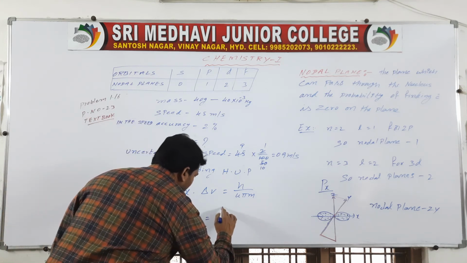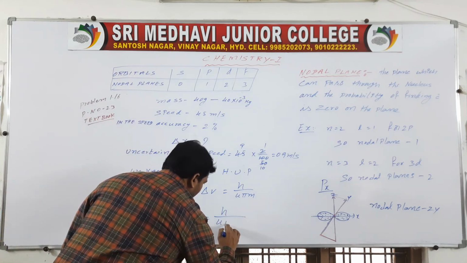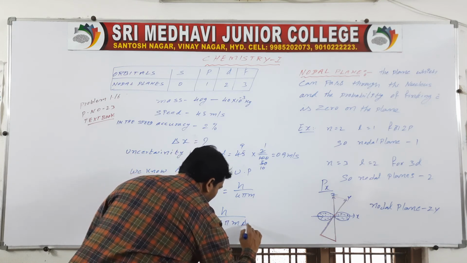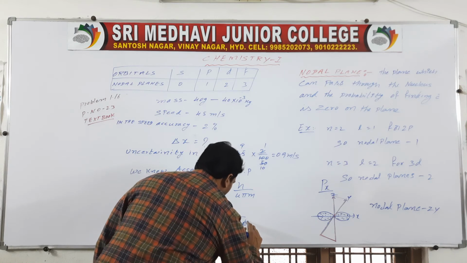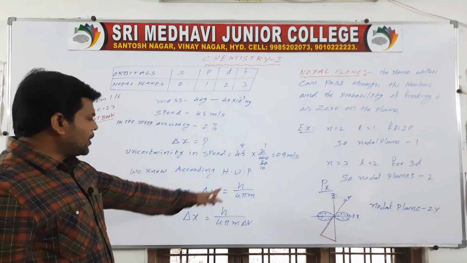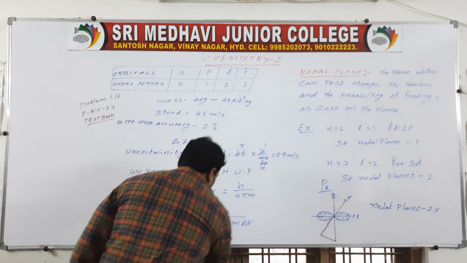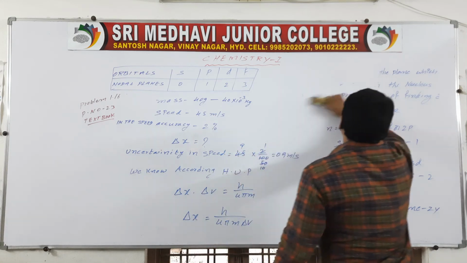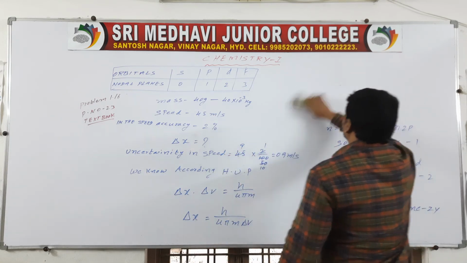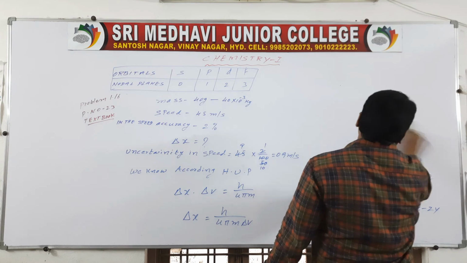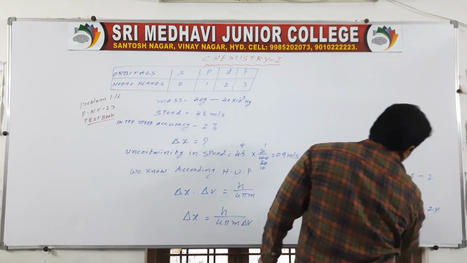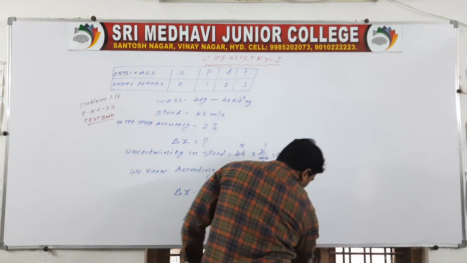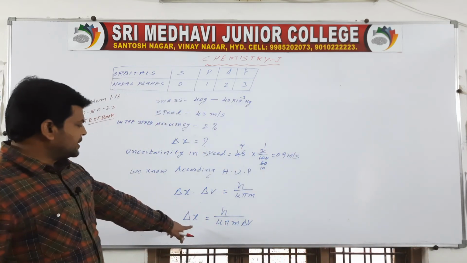Delta x is equal to h by 4 pi m delta v. Then you have to substitute the values in this equation.